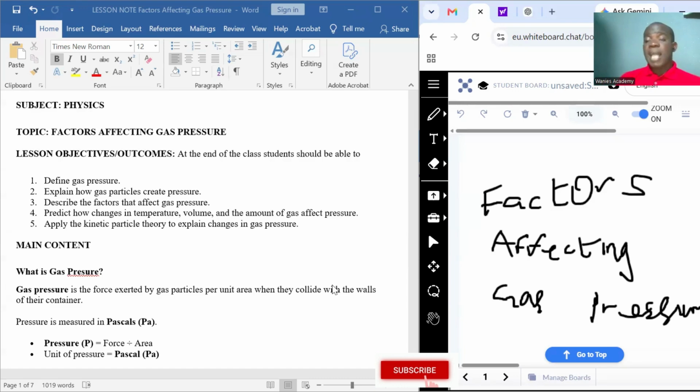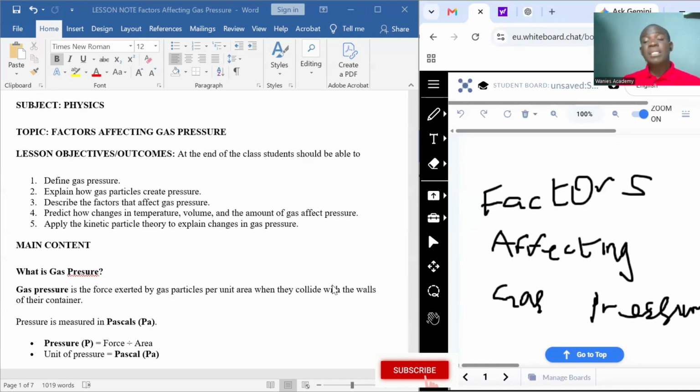Now, this gas is stored in a container. For example, for home use, we have the gas cylinder.